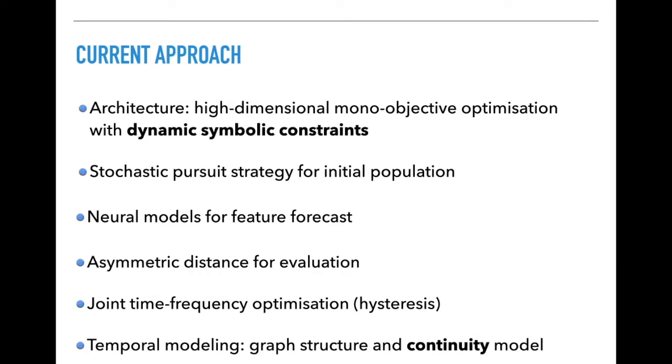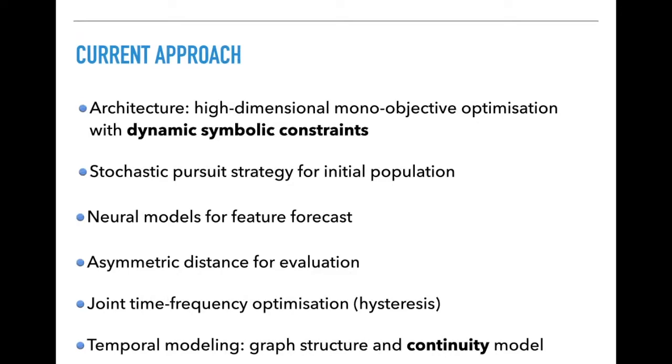So let me give a few key points of the current architecture, the current approach. As you may remember, in Orchids, the idea was to use a low-dimensional embedding space with a multi-objective optimization. If you wish, in Orchidea, I do somehow the opposite. I take a high-dimensional embedding space, but a mono-objective optimization.